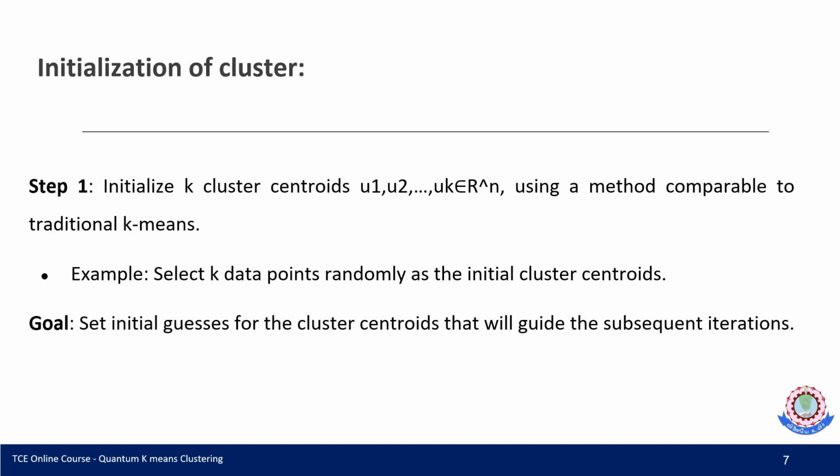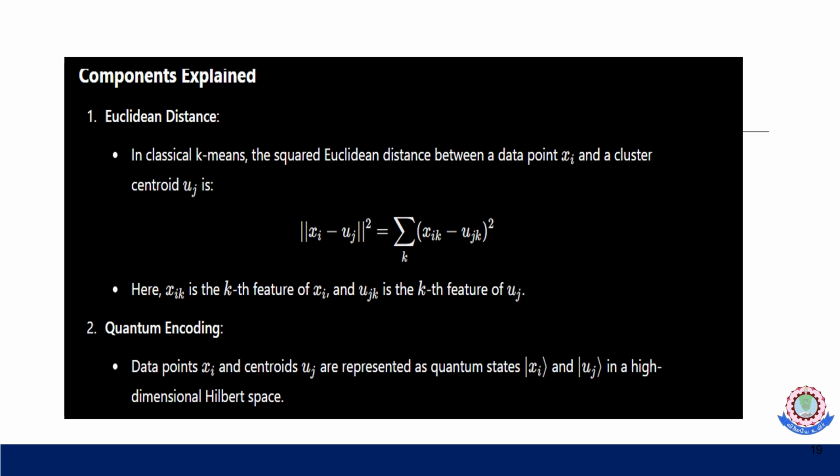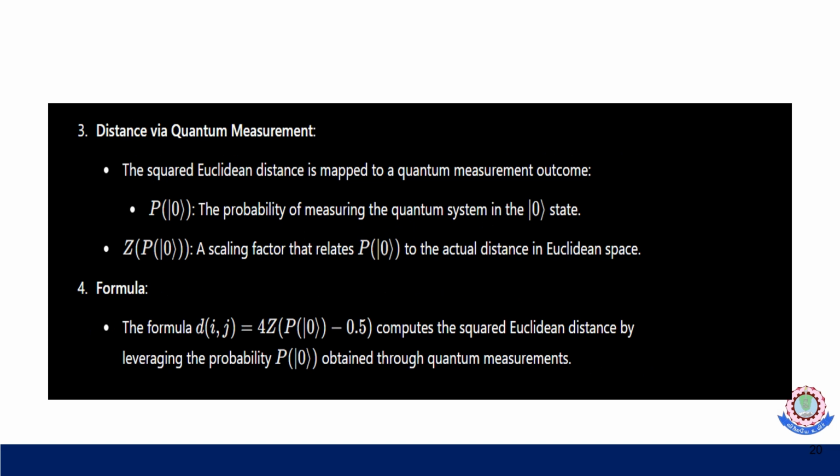So the first step is cluster assignment, and the second is to calculate the quantum Euclidean distance computation. This is one example, and we can also use Euclidean distance to compute the distance between two points, and a quantum encoding mechanism is also to be implemented. And here we can have the sample distance, and quantum measurements are also to be used.